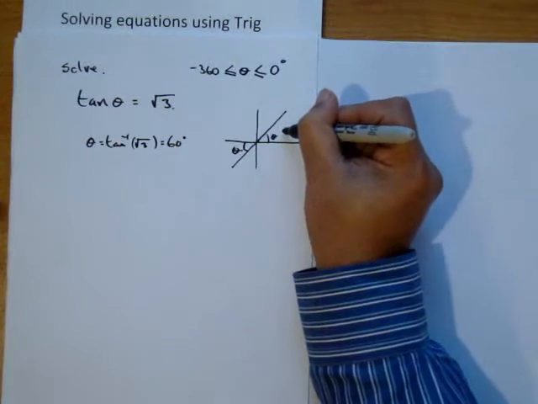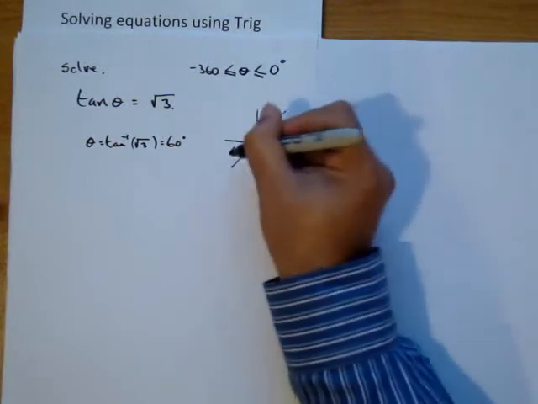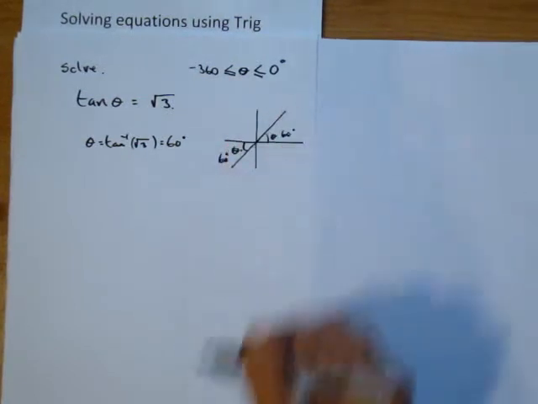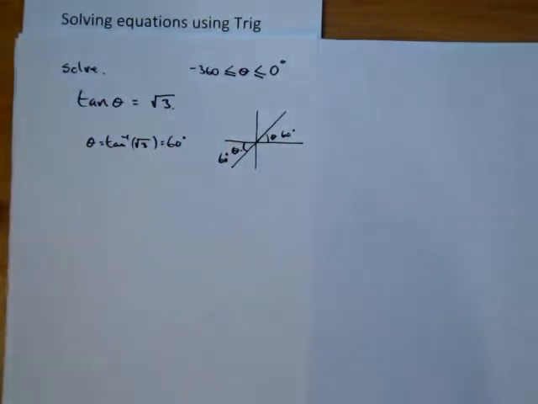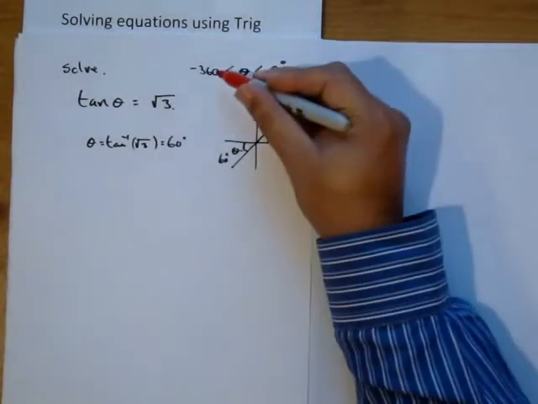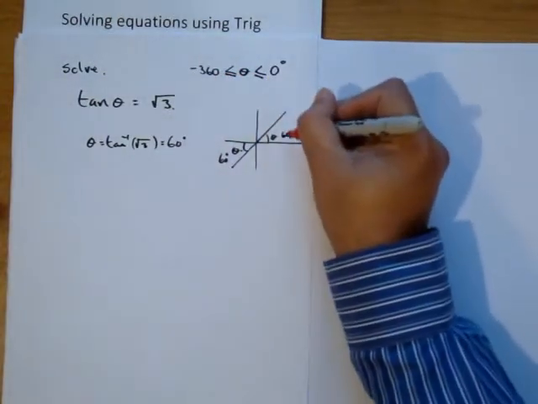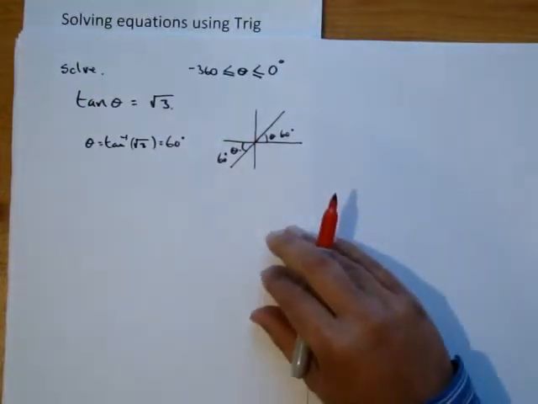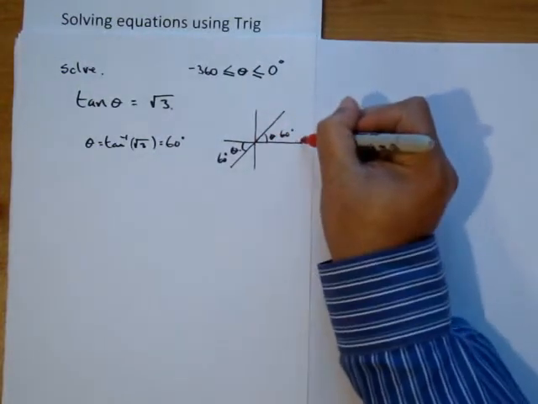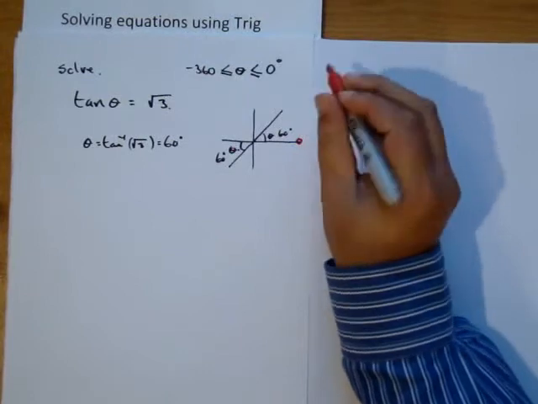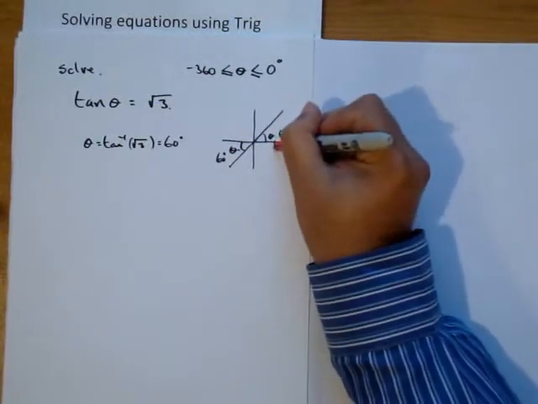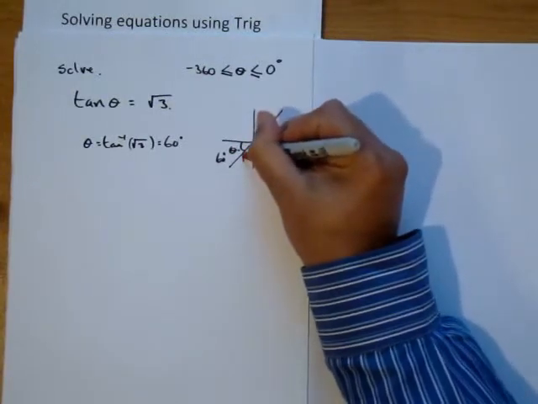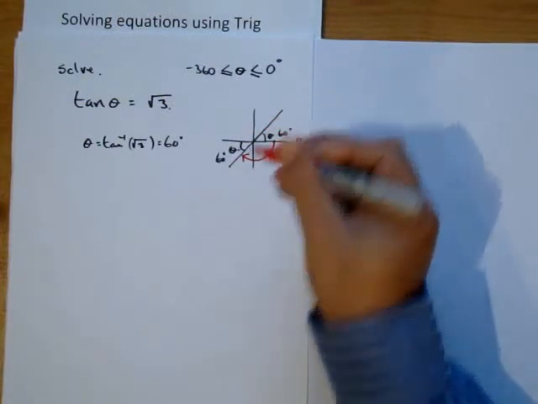So this is 60 degrees and this is 60 degrees. Now, for the solution, we're going from 0 degrees to minus 360 degrees, so we're going clockwise. One solution would be from 0 here, going round this way to here, and then minus 360.